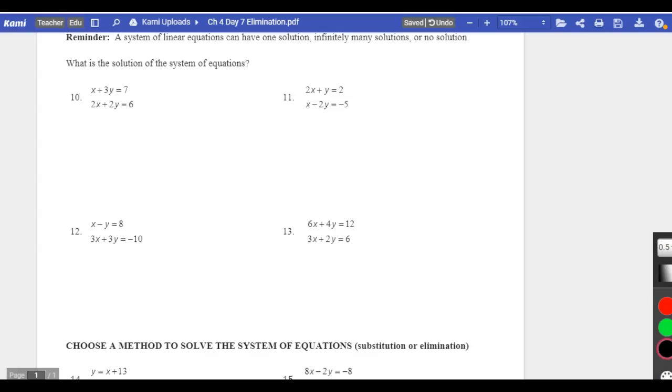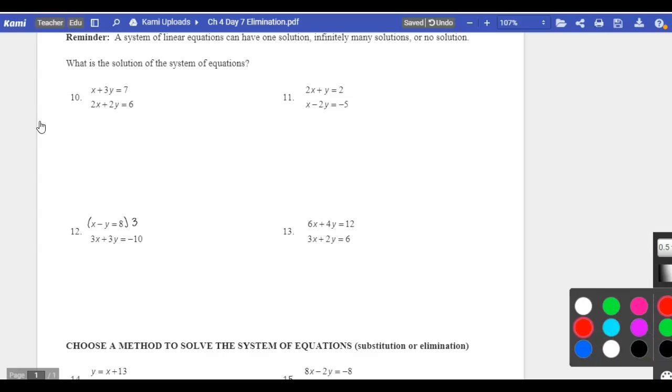So I had said be careful on 12 and 13. Well, really on 12, you end up getting one solution. So I have 3's down here, so if I multiply this by 3, change it back to a color it stands out.